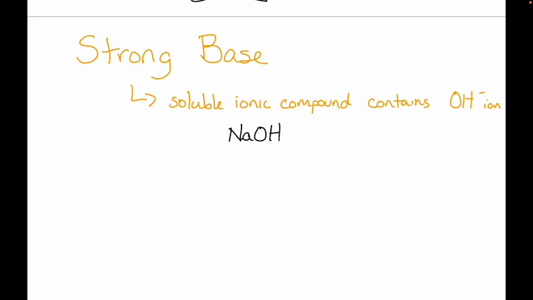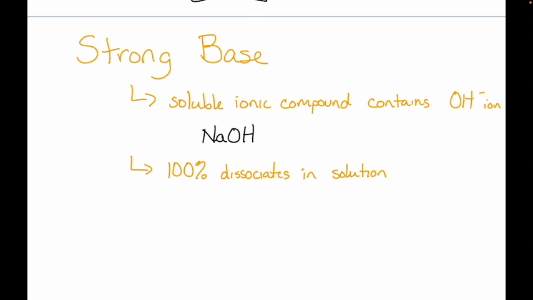All right, and then like strong acids, what makes a strong base is that it 100% dissociates in solution. So if I take my sodium hydroxide, you can buy this as a solid.